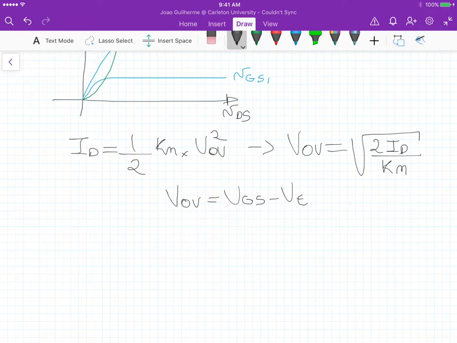Okay, so if we know VOV, the overdrive voltage, we know the minimum drain-source voltage, and we can also calculate the gate-source voltage for that specific current.